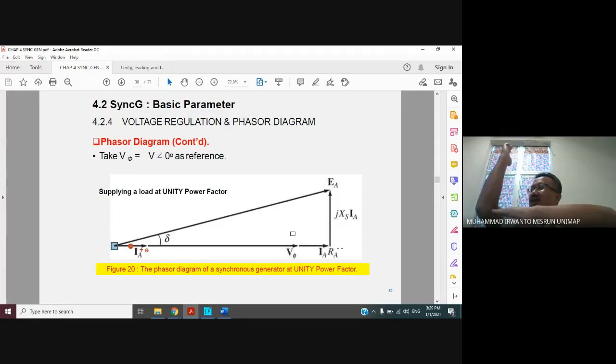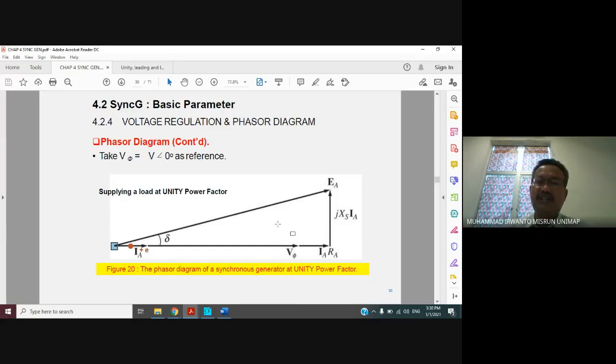Lastly, starting from the beginning, to the end of jXS IA, you draw EA, the internal generated voltage. That is how to draw the phasor diagram.